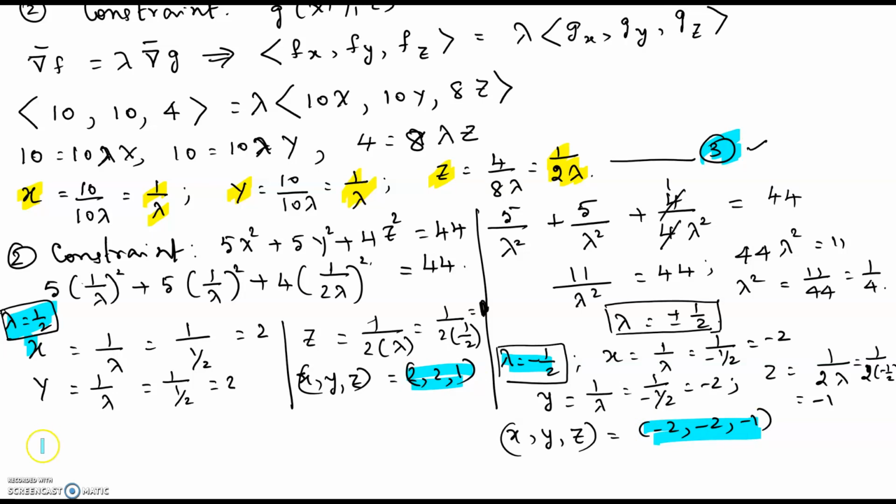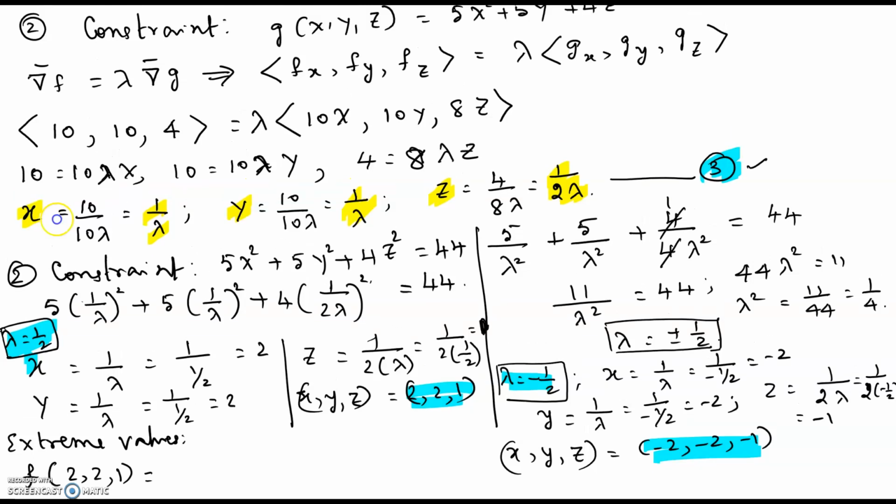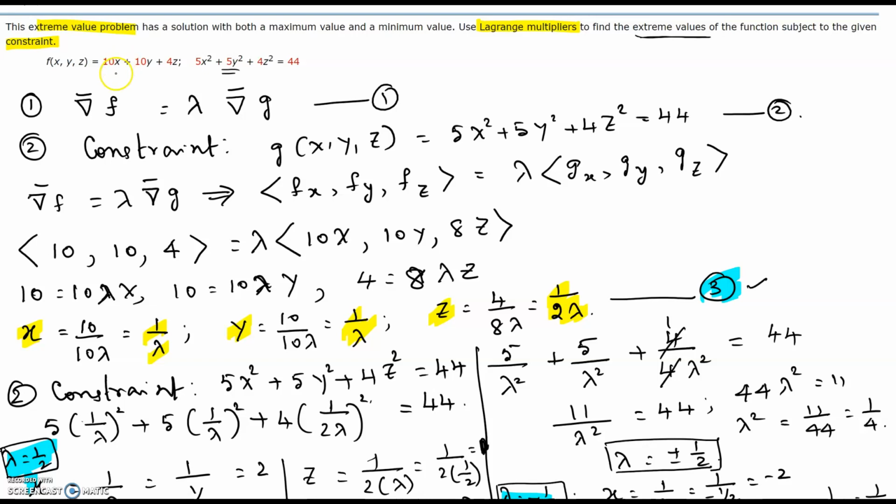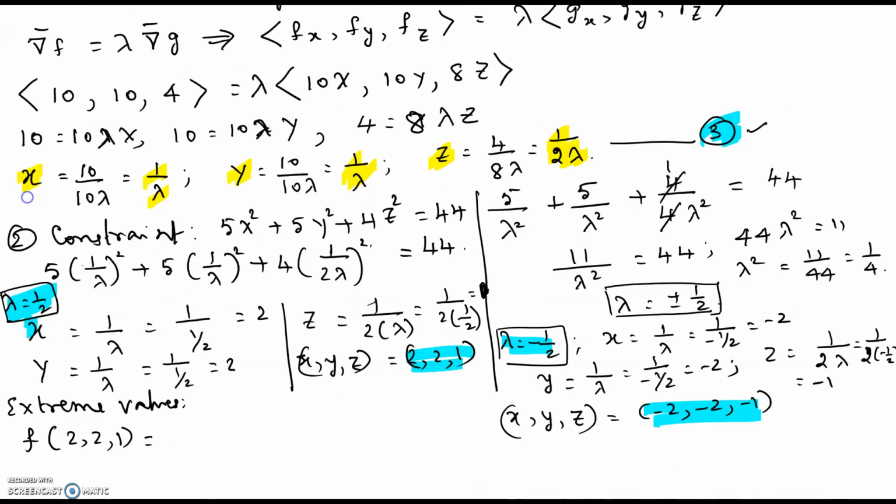occur. So the extreme values, so if we consider f of the extreme values are absolute max and absolute min, f of 2, 2, 1 would be obtained by plugging into the original function of f. The original function f of xyz is 10x plus 10y plus 4z.